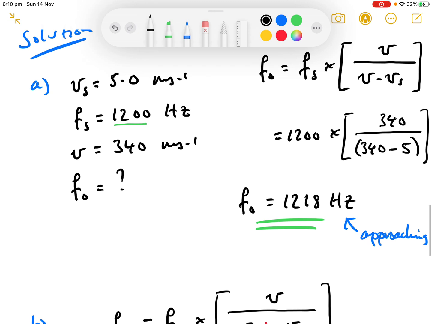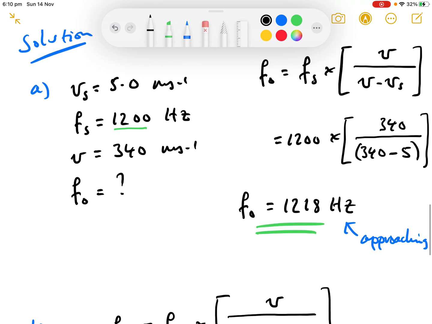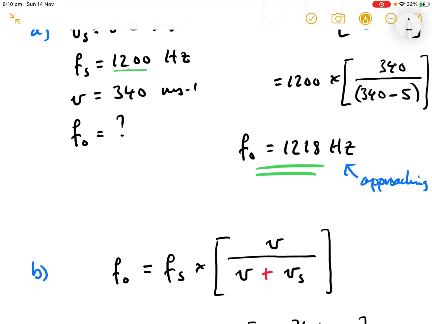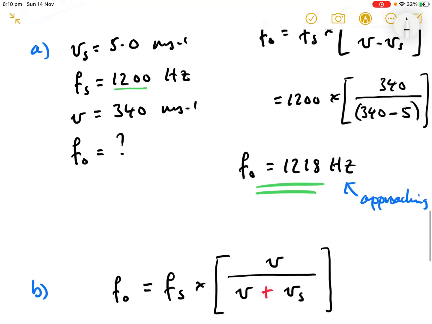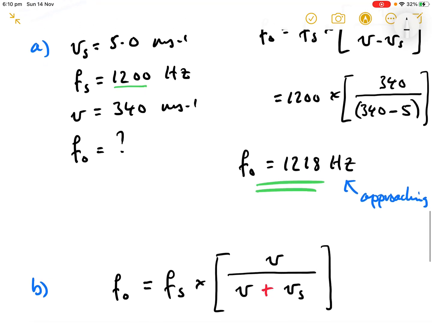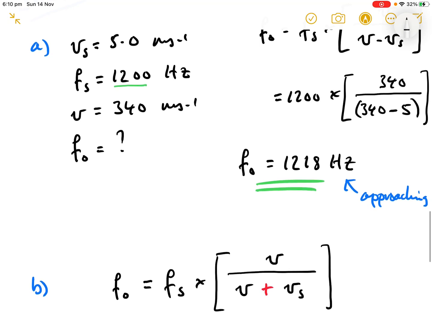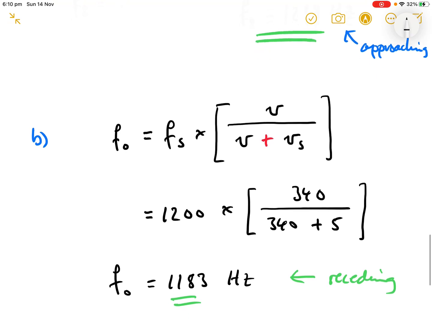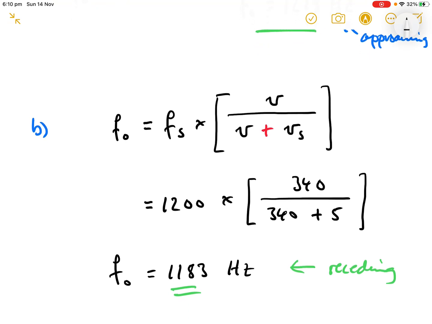In part B, we can use exactly the same data. The only difference is that the sound source is now receding from us, so we have to use the other version of the equation. So same data, all of that data up there is still being used, but here's my new equation. Notice it's the plus sign on the bottom for receding.